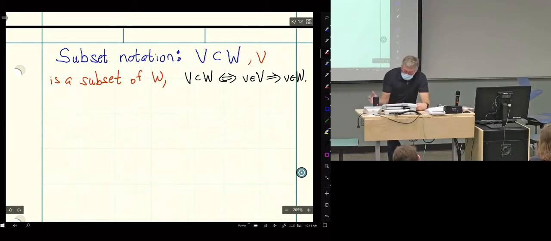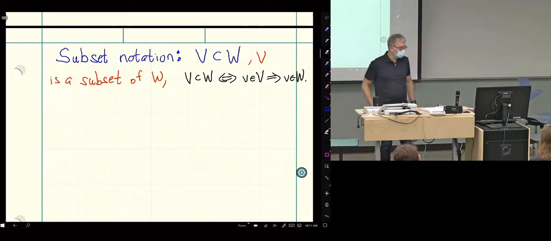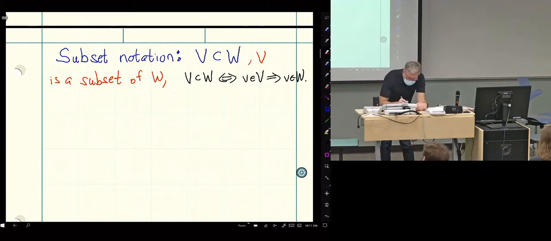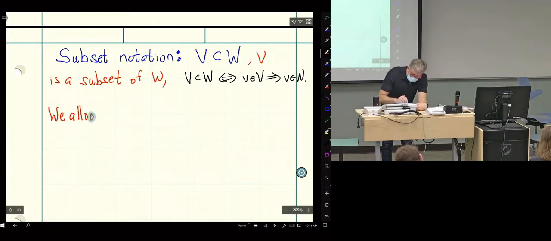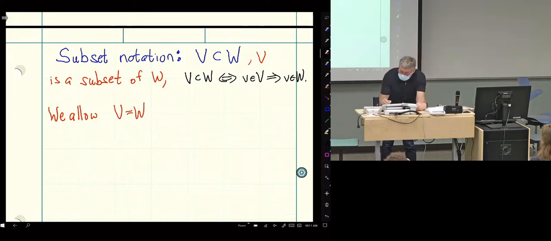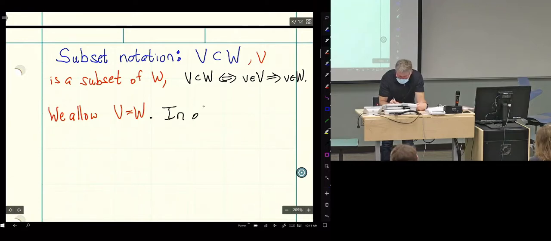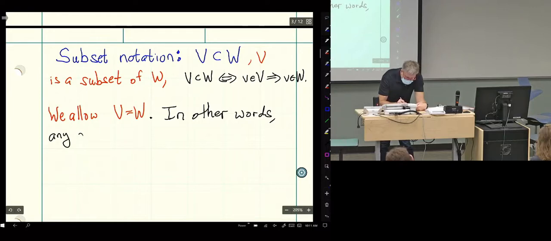Now, where the notation sometimes varies in different books and different instructors is this. We allow V equals W, okay? In other words, any set is a subset of itself.